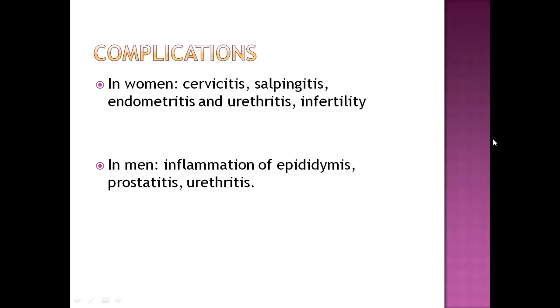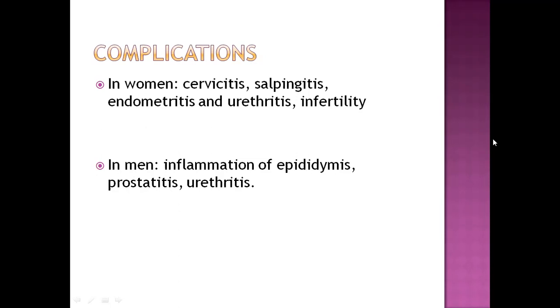Next is complications. If this infection is treated on time, follow-up is done, and culture sensitivity test is done timely, then there is no complication. But if the treatment is not done on time, there might be some complications. Complications are divided into men and women.